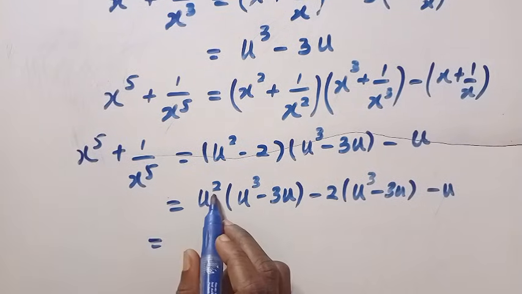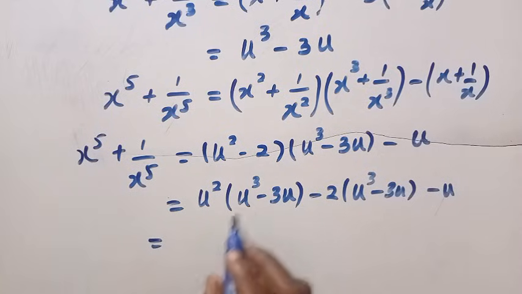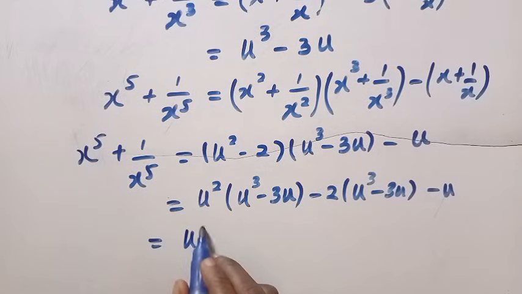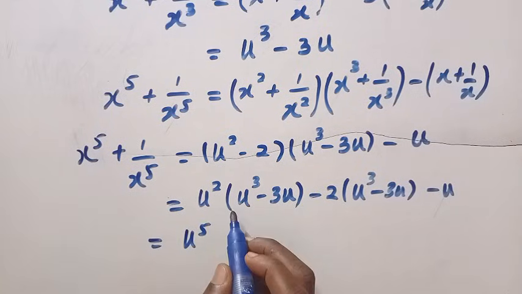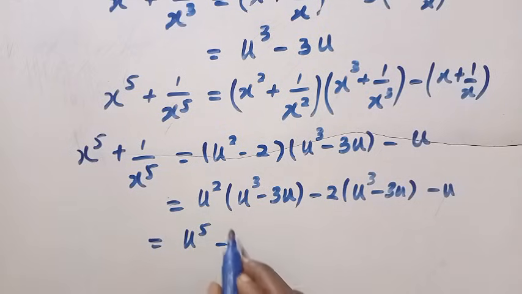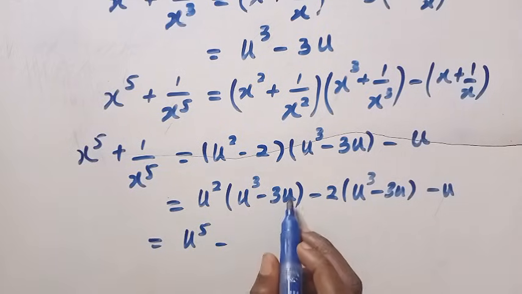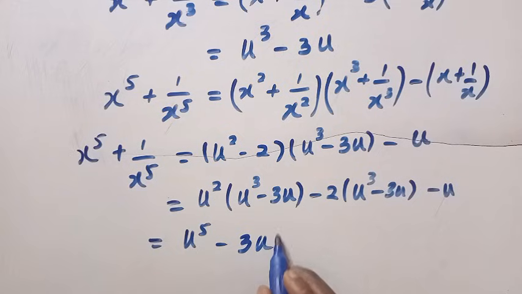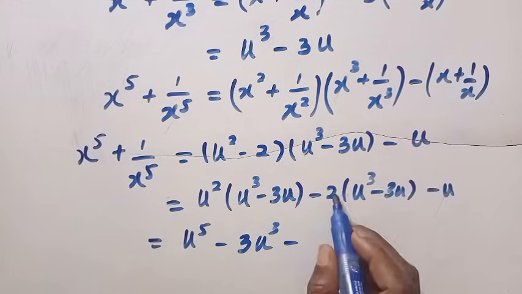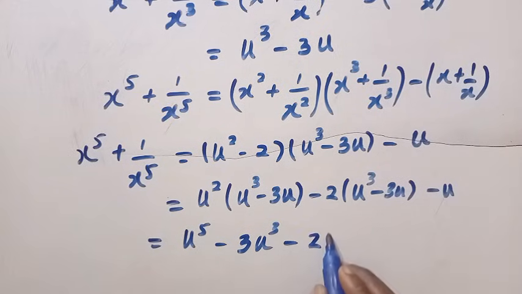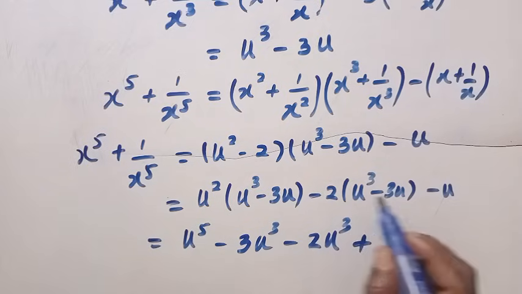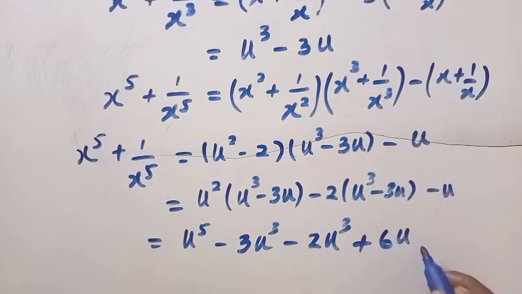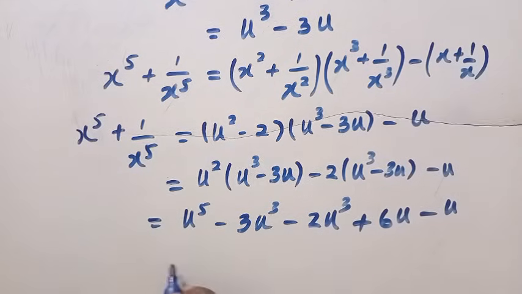Again, u power 2 multiplied by u power 3 gives us u power of 5 following the rule of indices. Then u power 2 multiplied by minus 3u gives us minus 3u power 3. Then minus 2 multiplied by u cube is minus 2u raised to power 3. Then minus times minus is plus, and 2 multiplied by 3 is 6, and here is u. Then minus u.